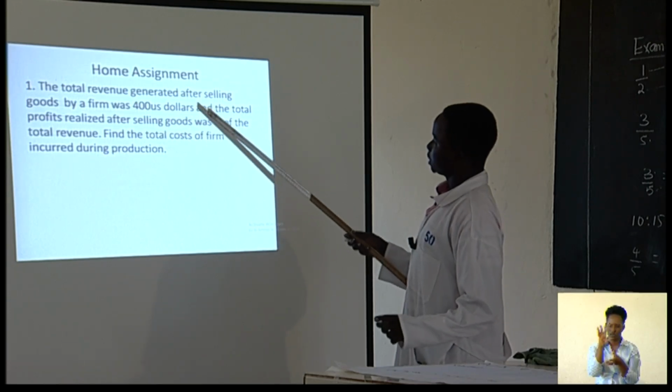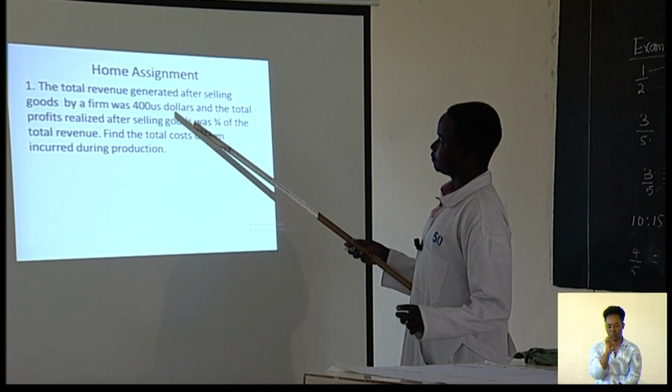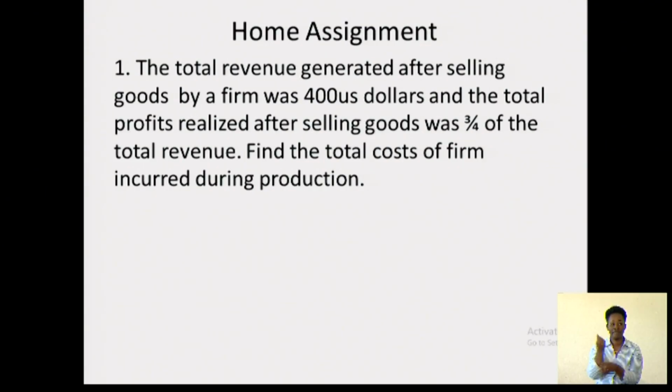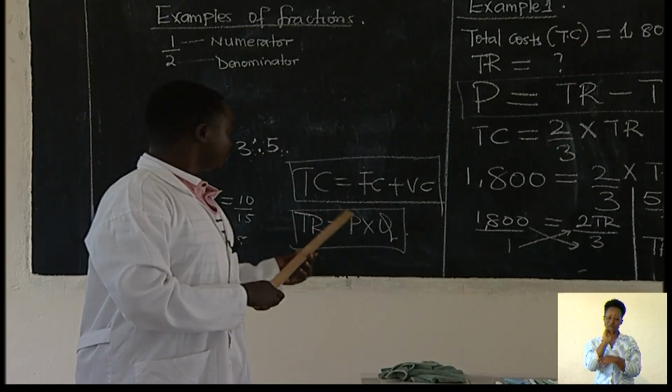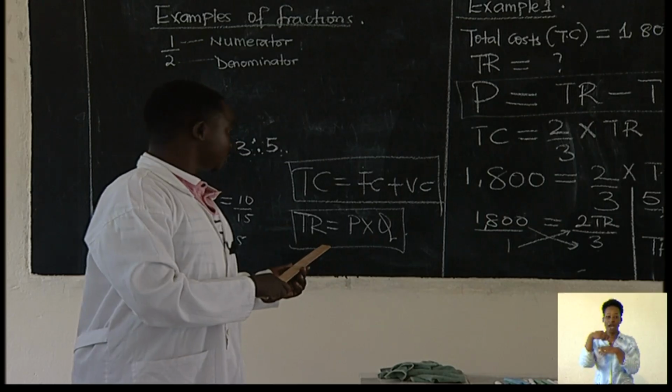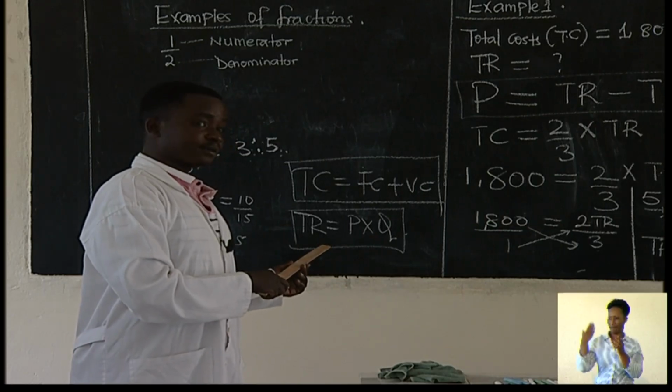The total revenue generated after selling goods by a farm was this. Remember here, we said that to get total revenue, you get the price per unit times the output produced. We saw this in the previous lesson.